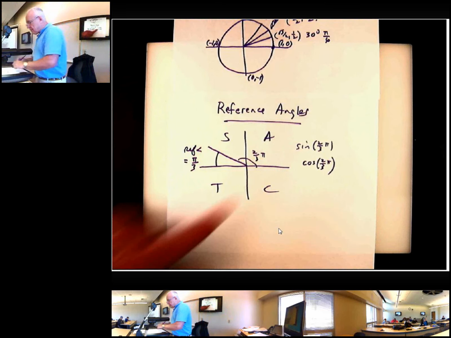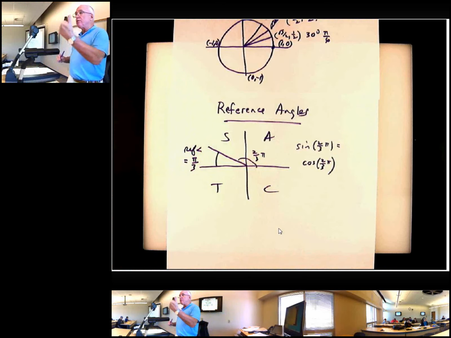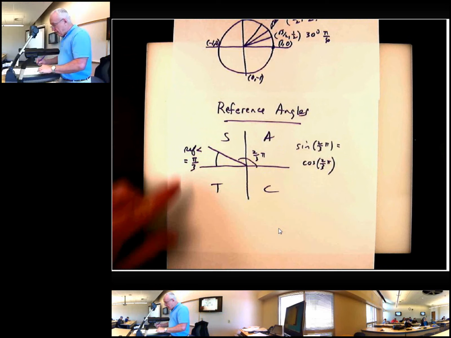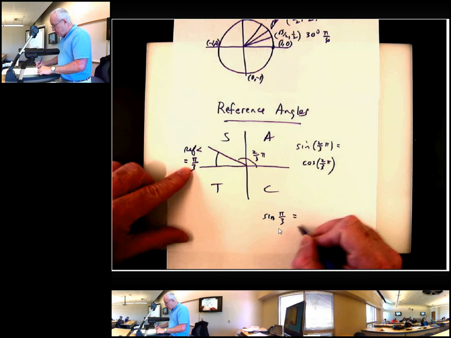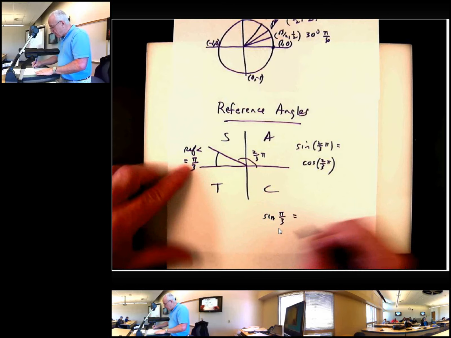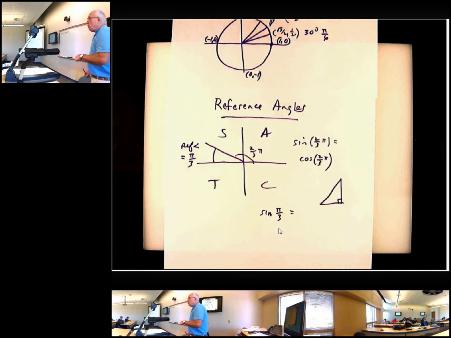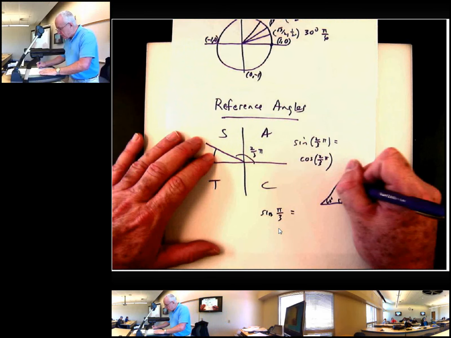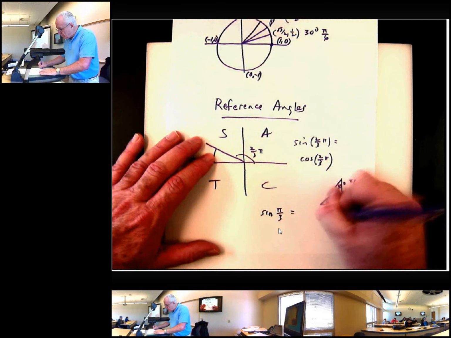So therefore, the sine of 2/3 pi is, first of all, going to be a positive number because there's an S in there. And then we just look at what's the sine of pi over 3. If need be, just draw your little special triangle there. This is 60 degrees, this is 30 degrees, which means pi over 6, pi over 3.